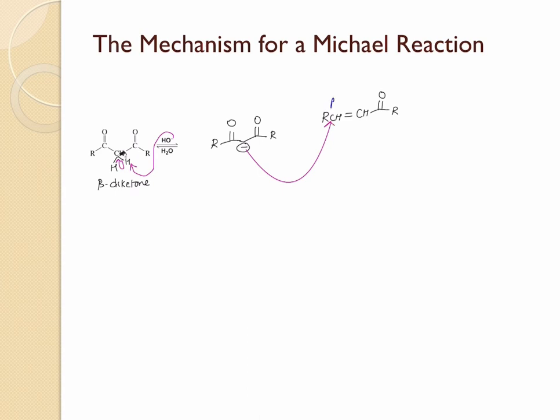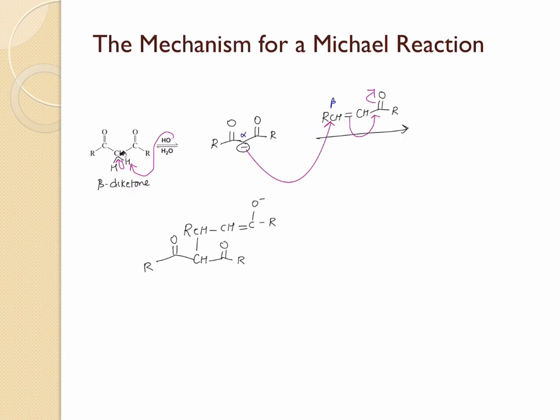This is the beta carbon, right? And this one right here is the alpha carbon. And this is going to thrust in so as to push the electrons onto oxygen. Here is the intermediate that is obtained by adding the enolate ion to the alpha beta unsaturated carbonyl compound.